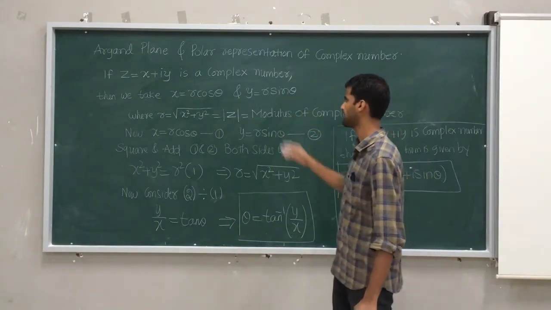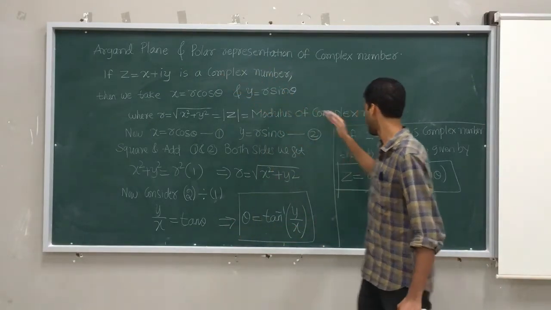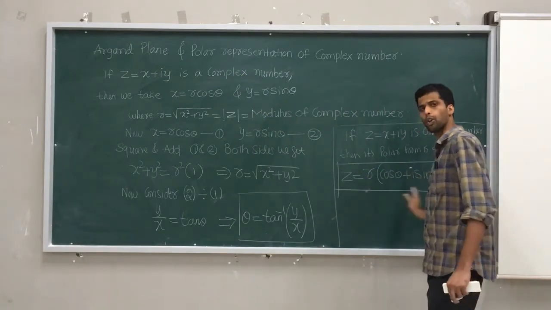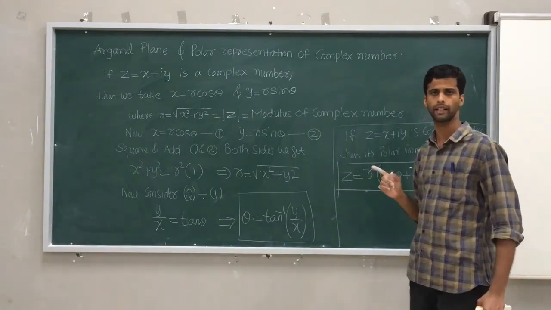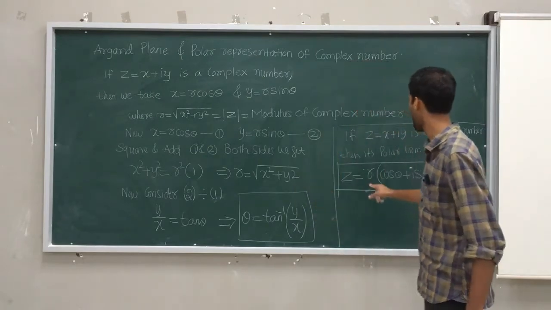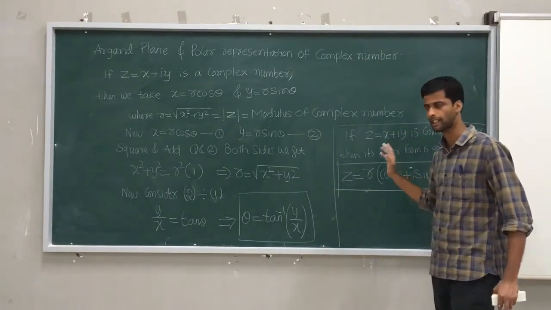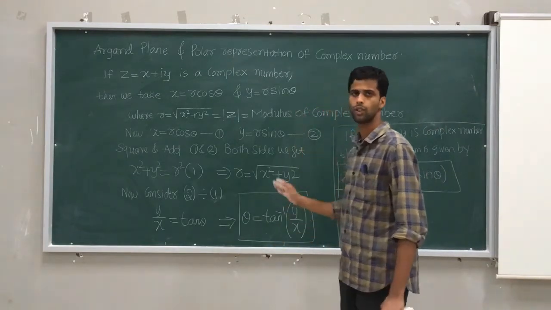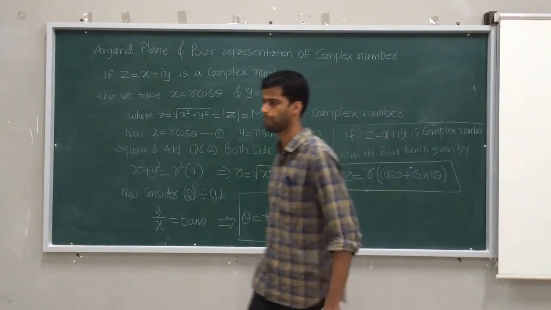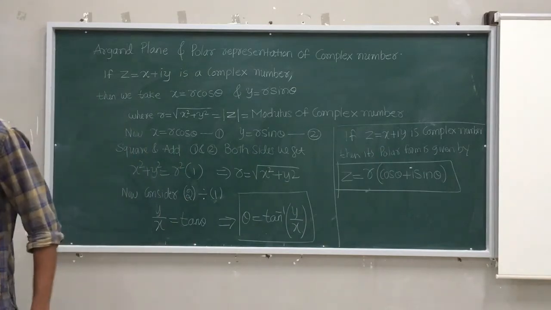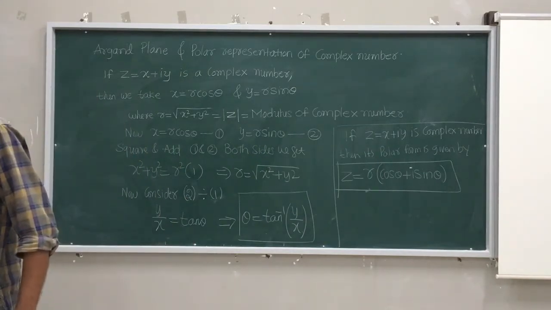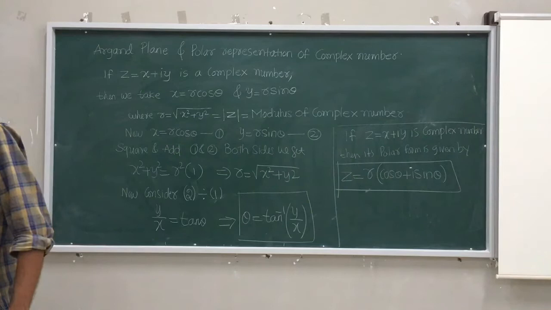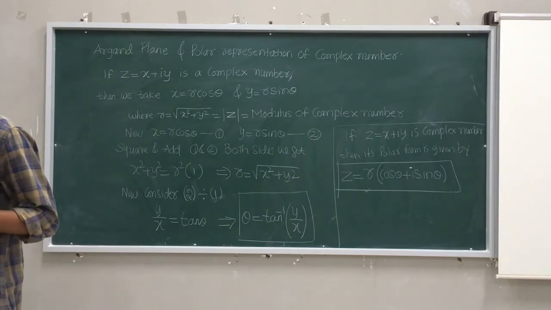So what we learned is, if x plus iy is a complex number, then it is called the polar form of a complex number. One thing you keep in mind, polar form means there should be r as well as theta. Then only it becomes polar form, where theta is given by this particular formula. Based on this, we will discuss a few questions step by step.